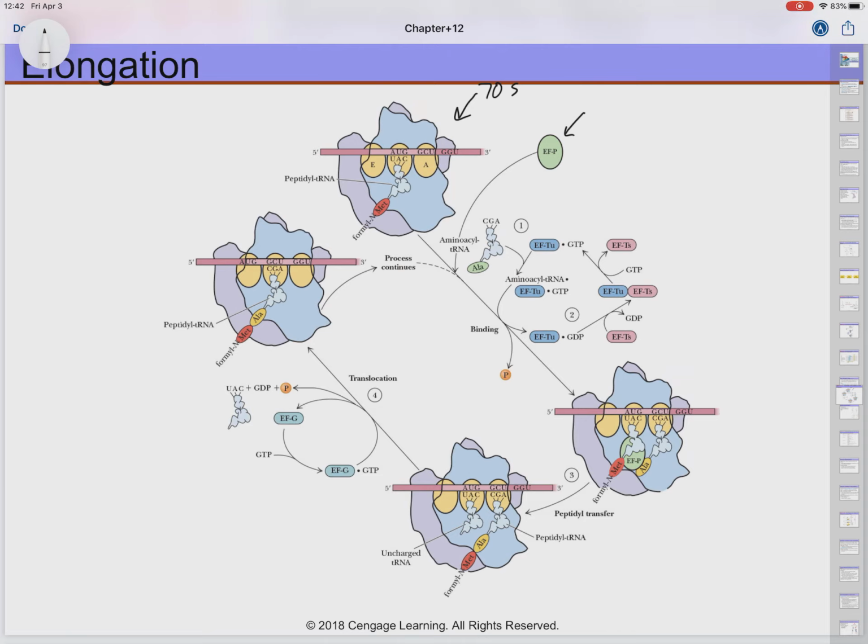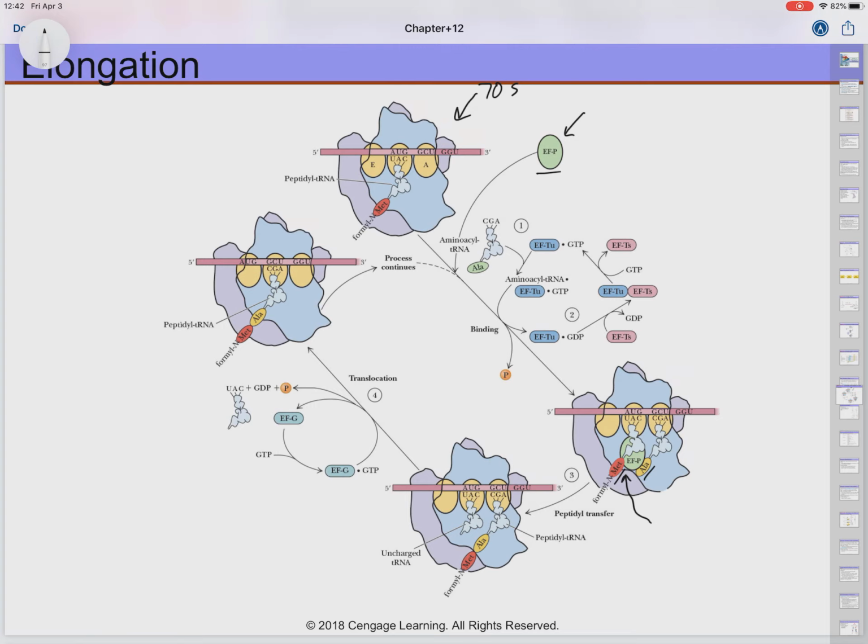The job of EFP is thought to help with that initial peptide bond, so the forming of the peptide bond between F-met and alanine. We're also going to need some other elongation factors. There's elongation factor TU, elongation factor TS, in addition to that elongation factor protein. TU, its job is actually to bind the amino acid tRNA.